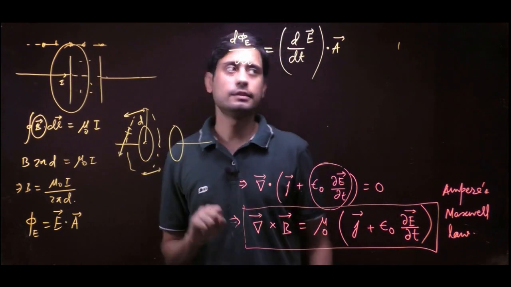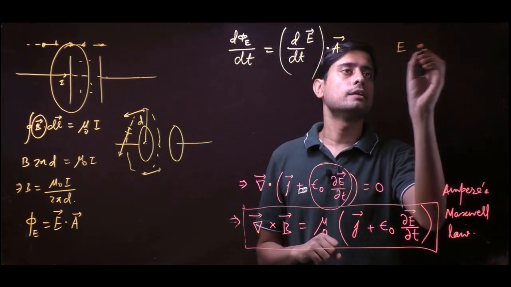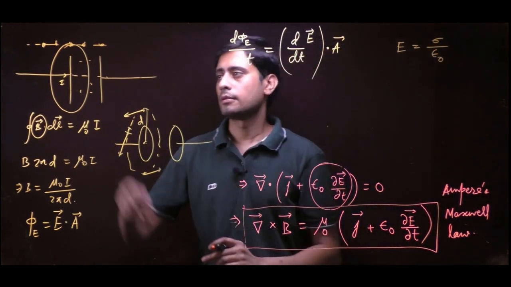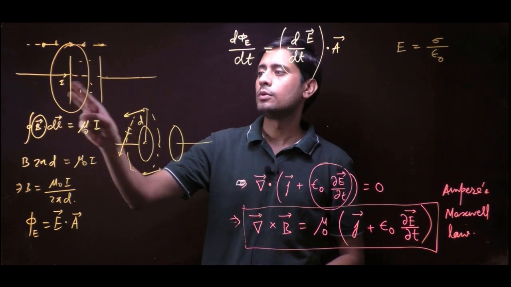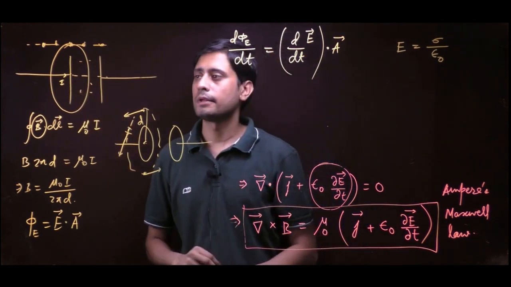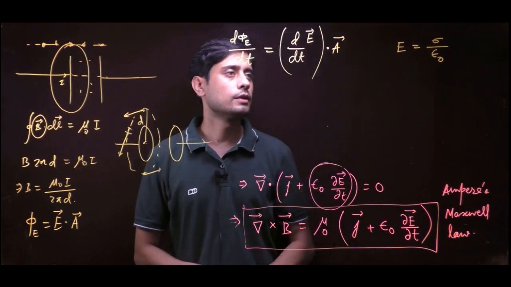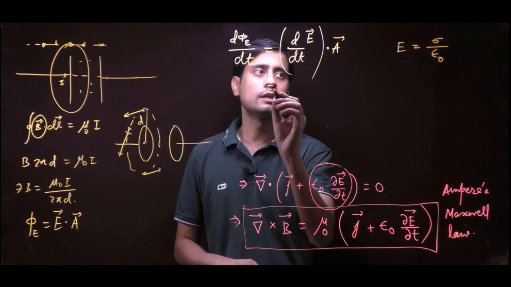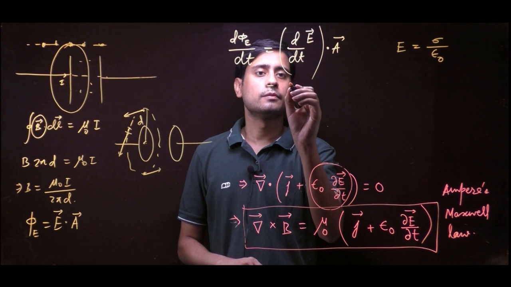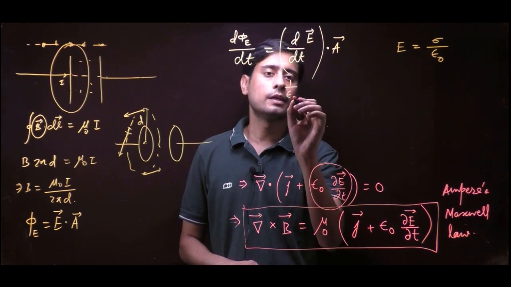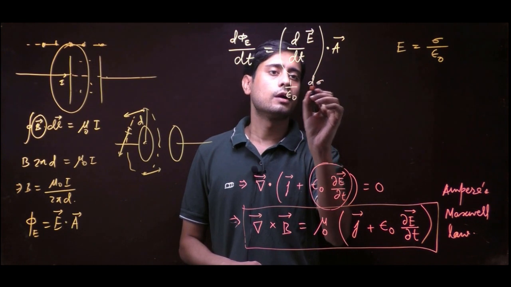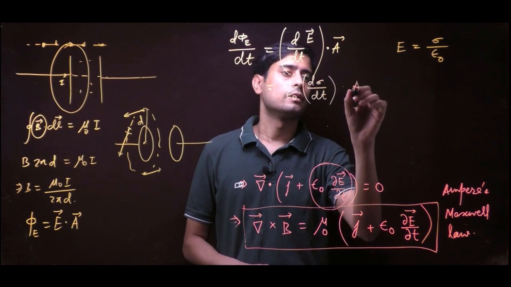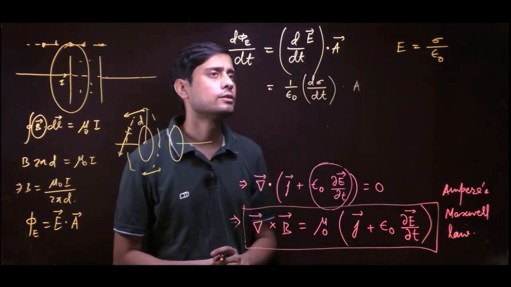for this capacitor, the electric field inside the capacitor is sigma upon epsilon naught. The electric fields of these two electrodes are sigma upon 2 epsilon naught each, which add up to give you sigma upon epsilon naught. So we can put this term inside and you will get 1 upon epsilon naught times d sigma over dt times A, because E and A are parallel to each other.